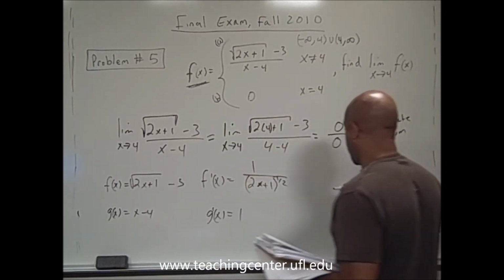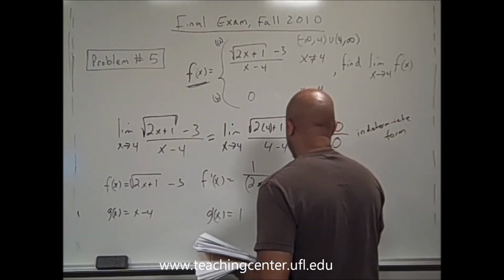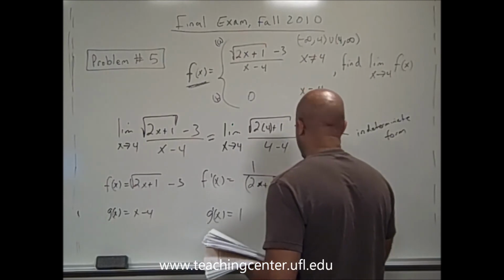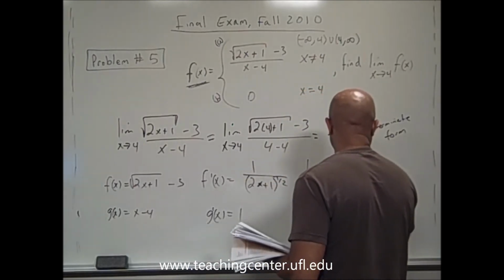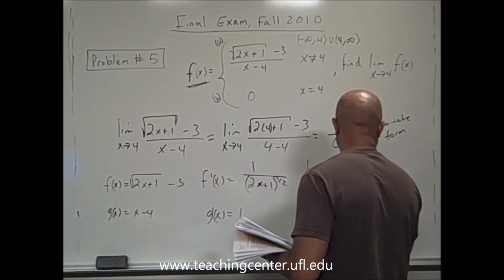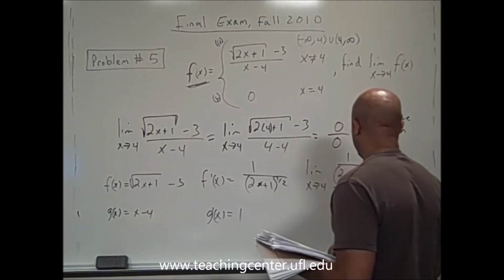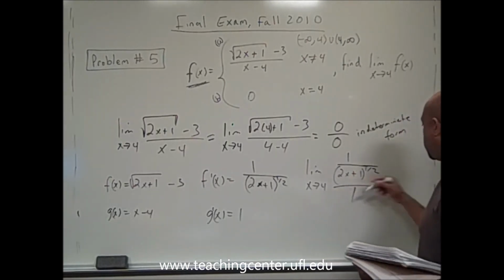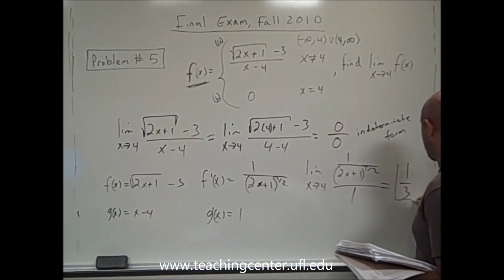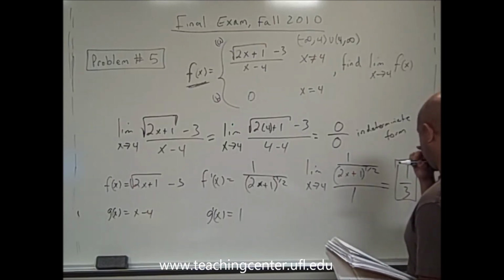Okay? And if we now take the limit as x approaches 4 of 1 over (2x plus 1) to the half, divided by g prime, which is just 1, and we do direct substitution, you'll see that you'll get 1/3.